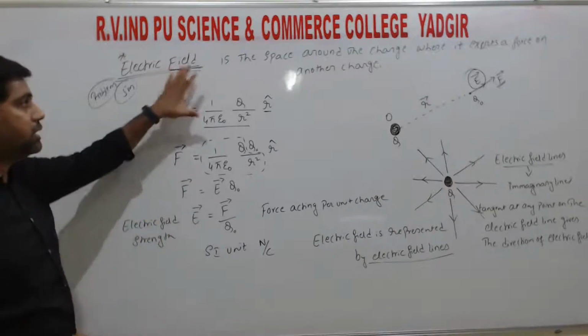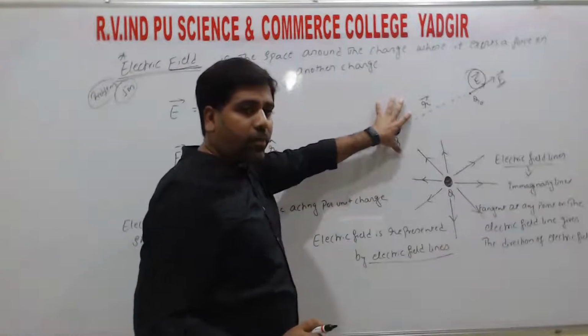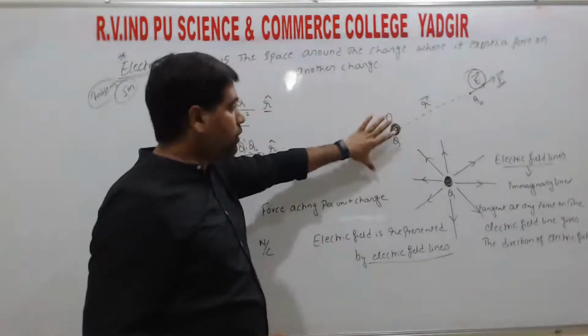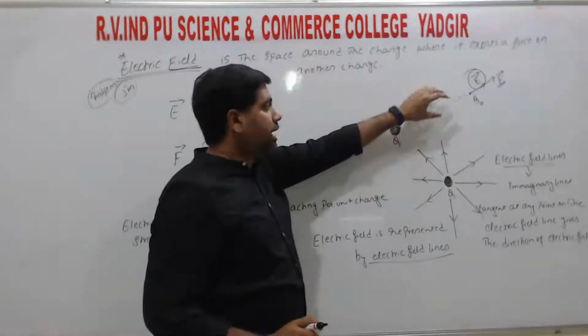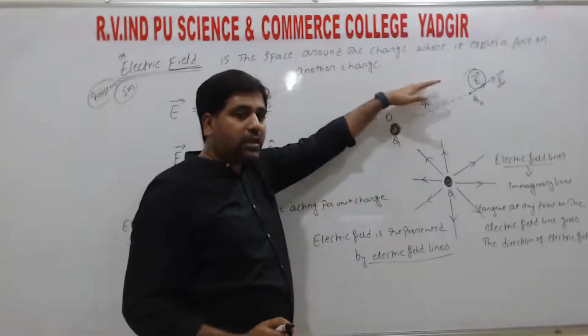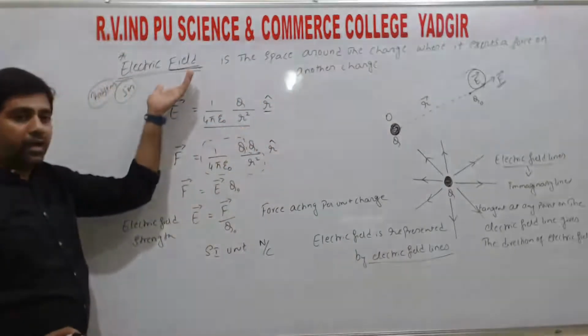So what is electric field? It is the space or region surrounded by a charge. That field exerts a force when we place a charge, and that we call the electric field, right?